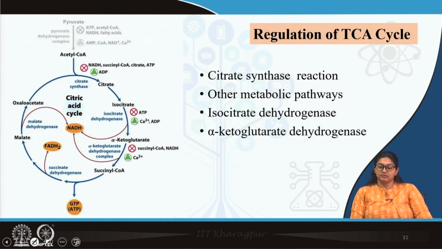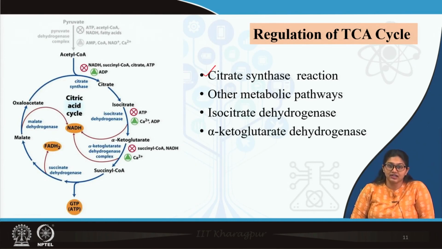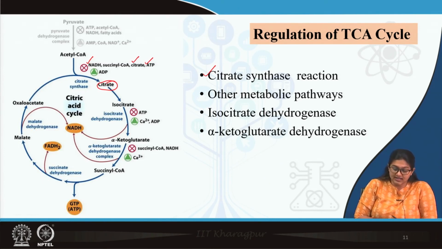Next are the other enzymes like citrate synthase. Citrate synthase is also triggered by the molecules of energy excess. It is deactivated by NADH and by ATP. Also, citrate, if more product is available, can allosterically inhibit the citrate synthase enzyme.